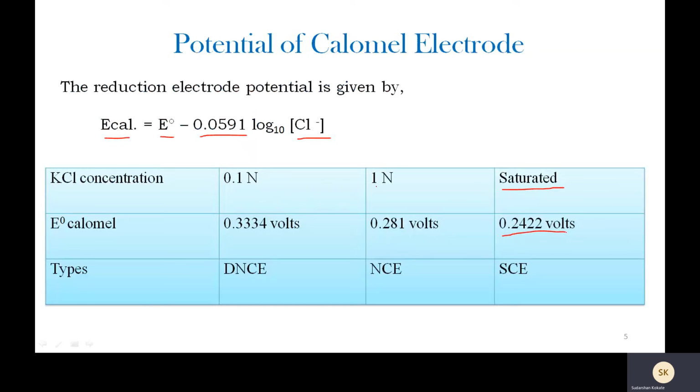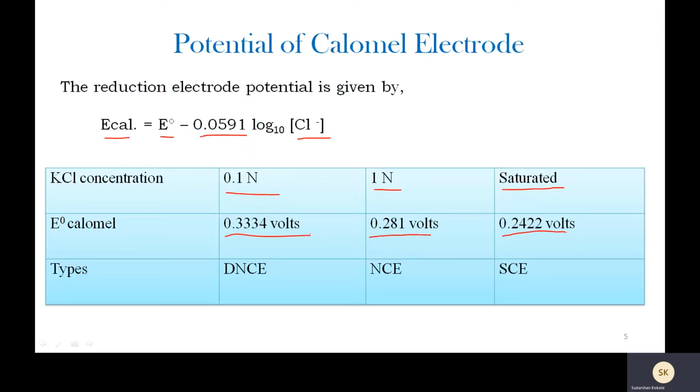If the potassium chloride solution is 1 normal, it is 0.281 volt. And if it is 0.1 normal, it is 0.3334 volt.